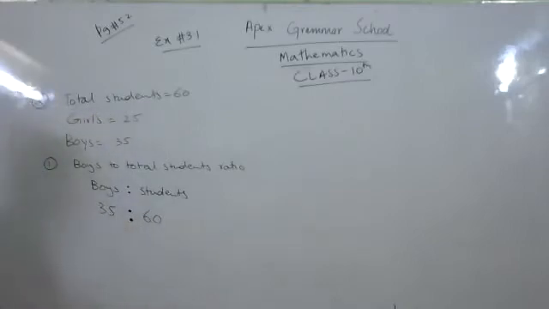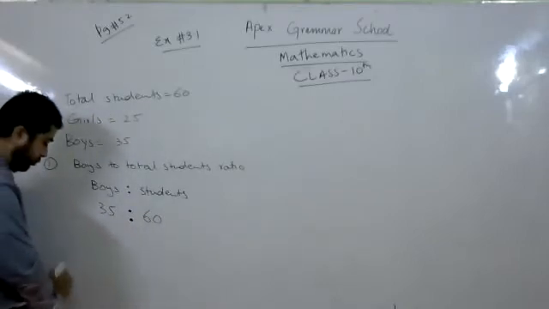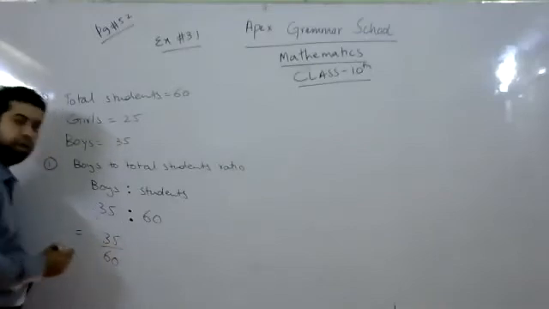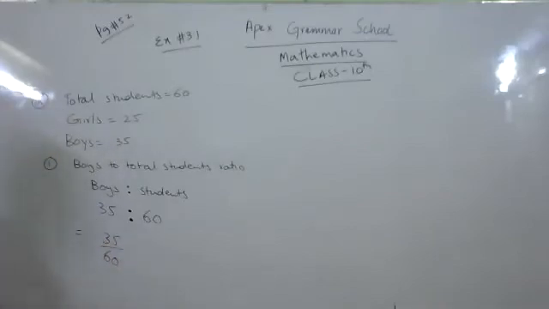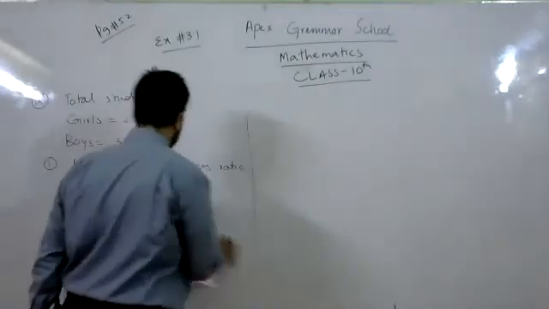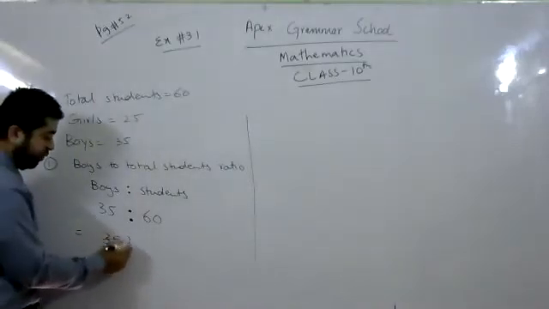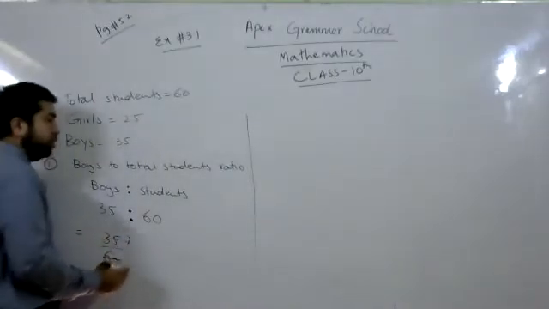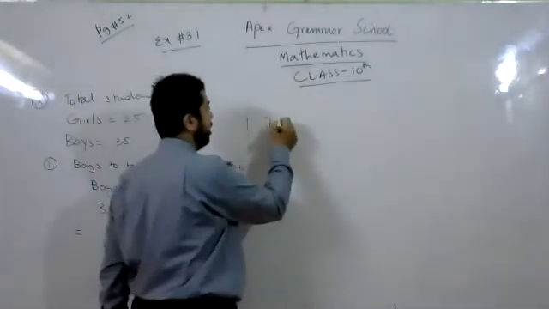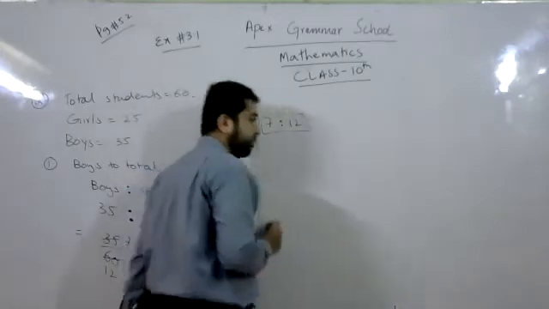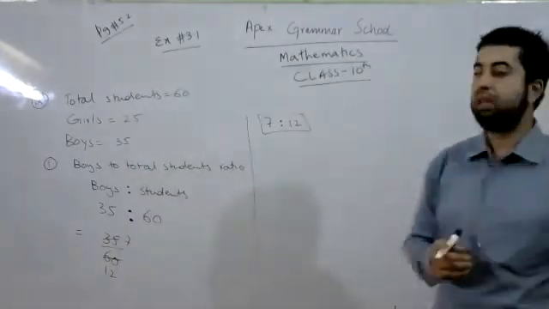Now we can solve it. 35 divided by 60, because we can write this ratio as a fraction. 5 7s are 35 and 5 12s are 60. So between boys and total students, the ratio is 7:12.